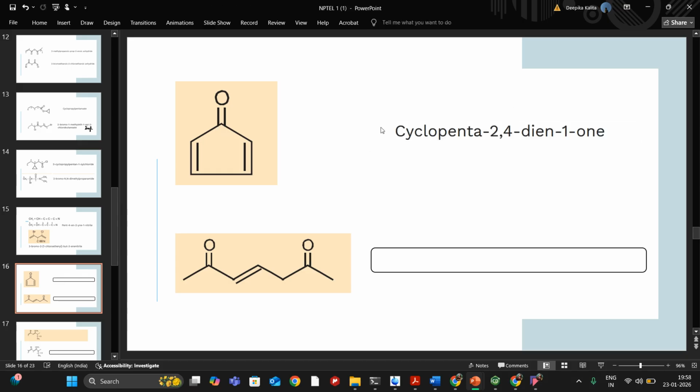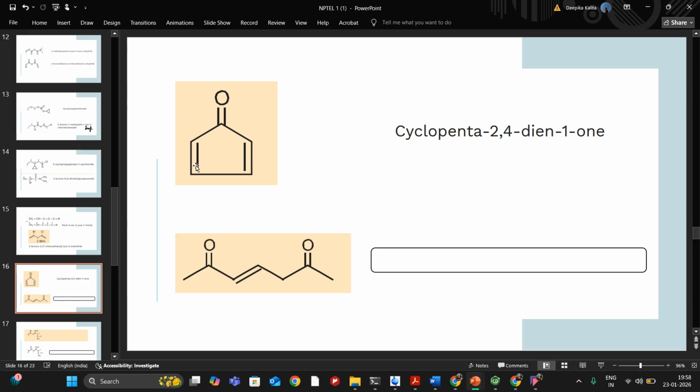Okay, so if we consider this as the first carbon atom, the double bonds will be present at the 2nd and 4th position. Okay, this will be the second position and this will be the 4th position, and the name will be cyclopenta-2,4-dienone.